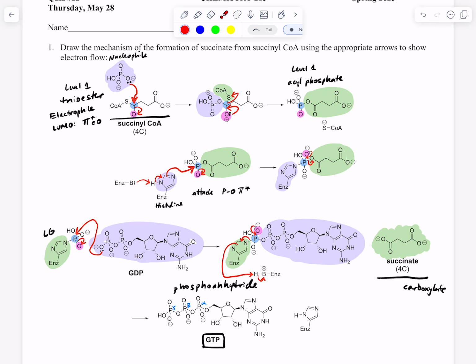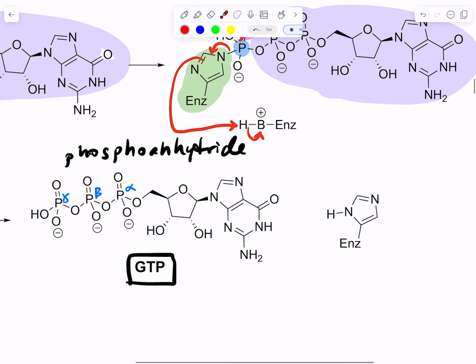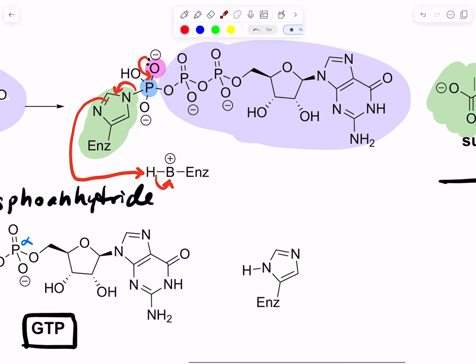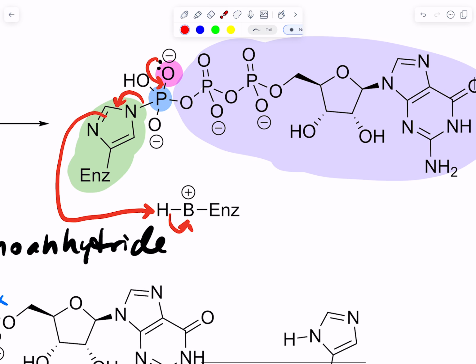Yeah. What causes that to leave after the GDP on the next one? What causes what after the GTP? Sorry, I just can't see very well. So we have the lone pair come down to form a double bond on the phosphate. Yes. And does it detach because one's a better leaving group versus the other?